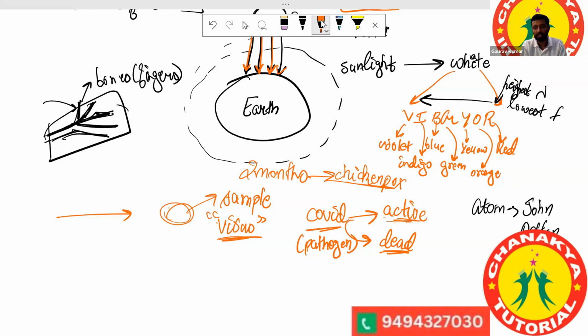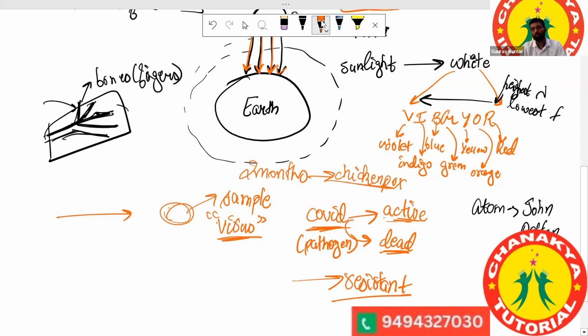The same is the case with COVID. Vaccines are prepared, and these vaccines contain some immune stuff which is injected in your blood. This immune stuff goes into your blood and acts as a resistance.